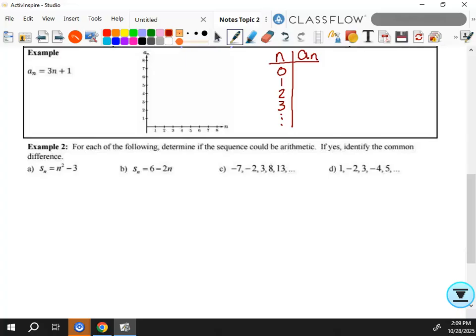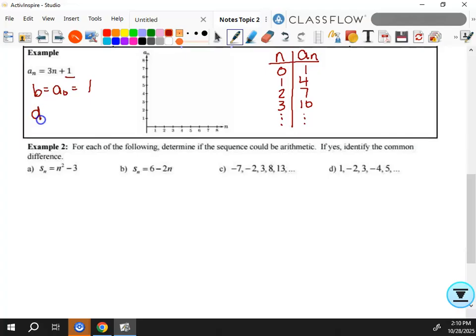So 3 times 0 plus 1 is 1. 3 times 1 plus 1 is 4. Then 7, then 10, and so forth, right? Also, this right here represents a sub 0, which also represents my y-intercept, and that's 1.